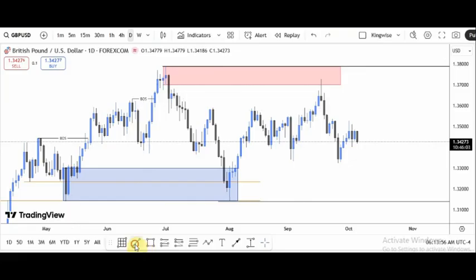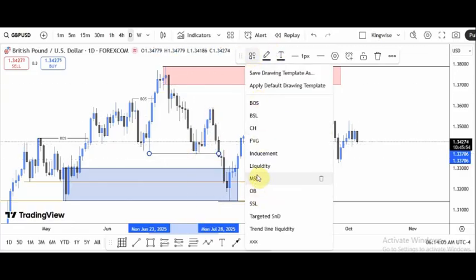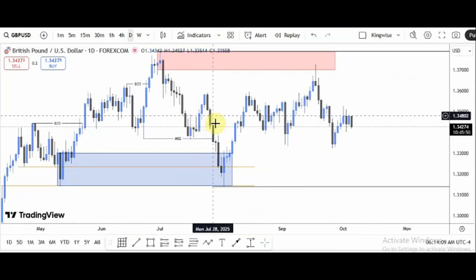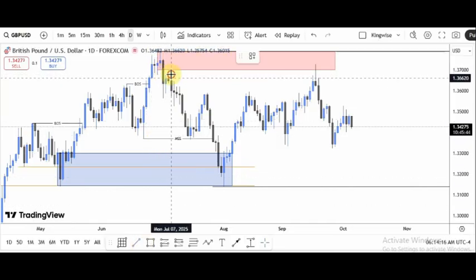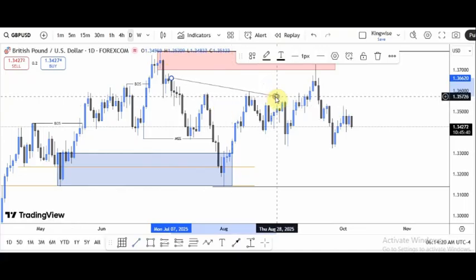Now, the moment the last low was taken out, this happens to be a market structure shift, and then we had price coming back to take all of this liquidity. All of these are liquidity in price.